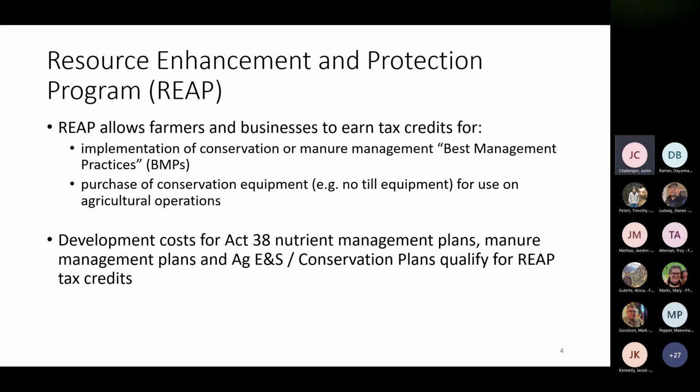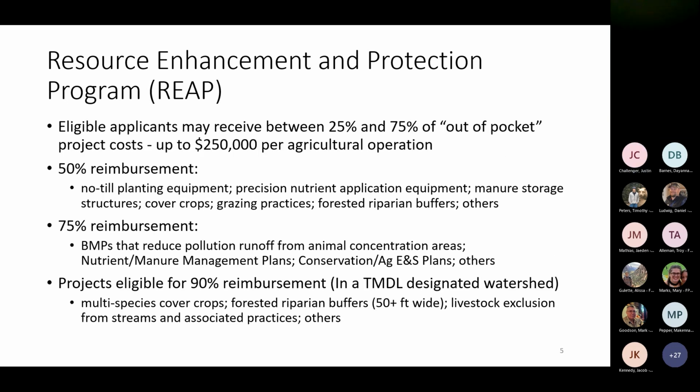Financial assistance type stuff rarely includes equipment. No-till equipment is what jumps to the top of my mind. If a farmer purchases a no-till drill, he could apply for tax credits for it. And also costs for developing plans: manure management, Ag E&S, conservation plans, those all qualify for tax credits.